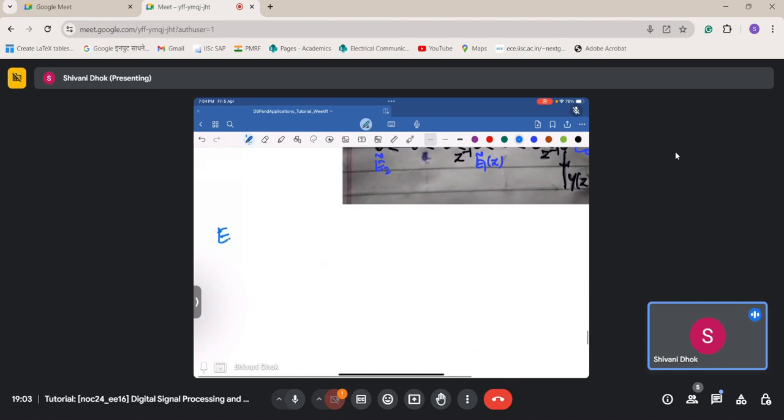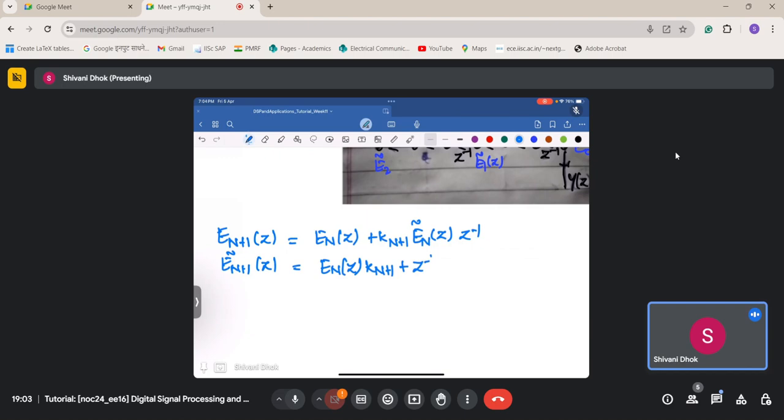We have E n plus 1 of z is equal to E n of z plus K n plus 1 into E n tilde of z into z inverse, and E n plus 1 tilde of z is equal to K n plus 1 plus z inverse into E n tilde of z. Okay, this is what we are having here.